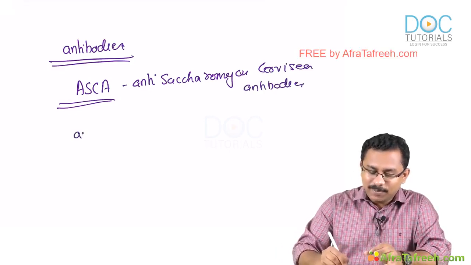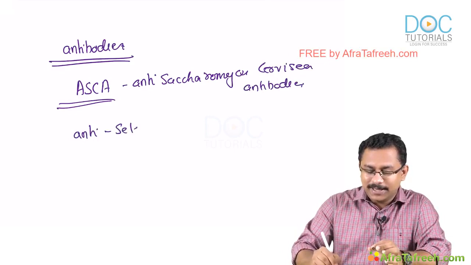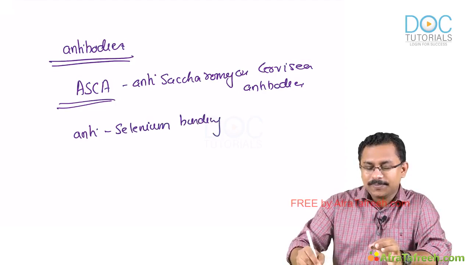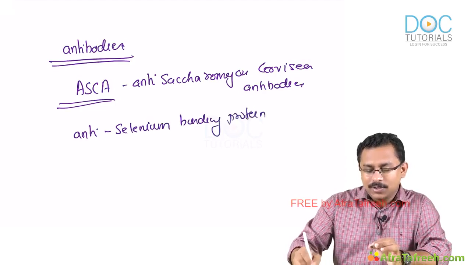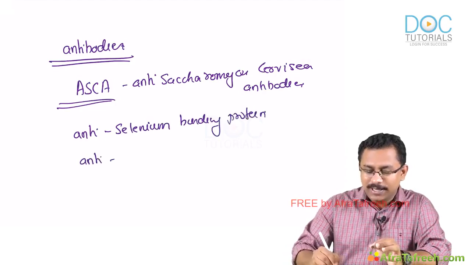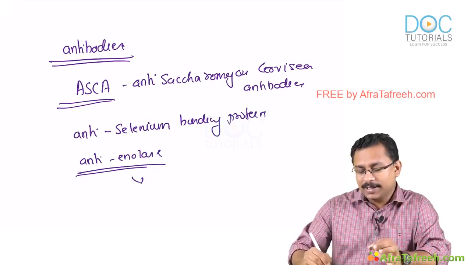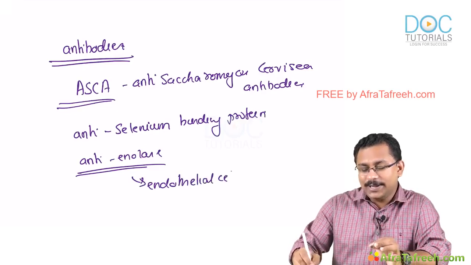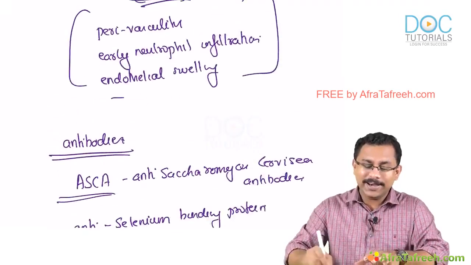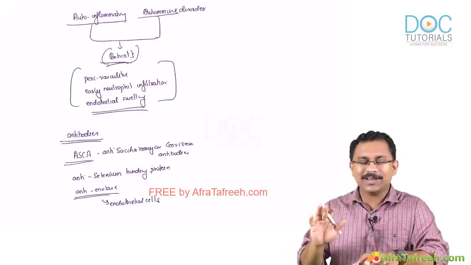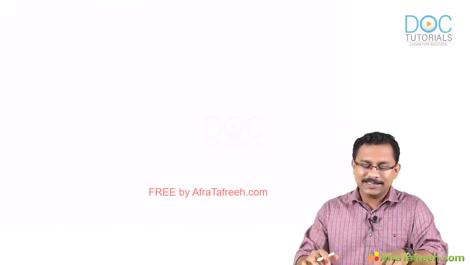You have antibodies to the selenium binding protein, and also you have antibodies to enolase. Okay, this is an antigen that is present on the endothelial cells, which is why, you remember I told you, there is an endothelial swelling that occurs in Behçet's disease. So those are some points on the pathology of Behçet's disease.